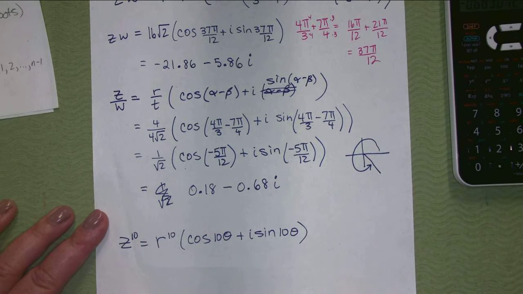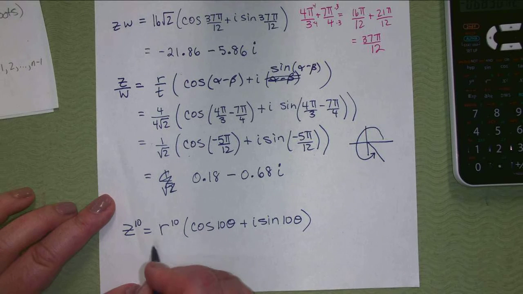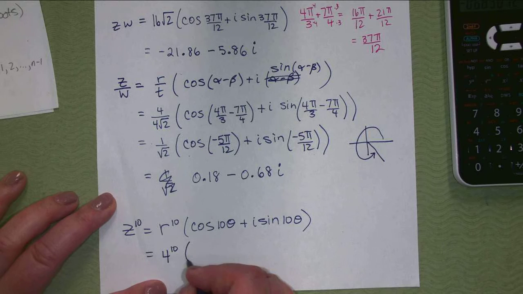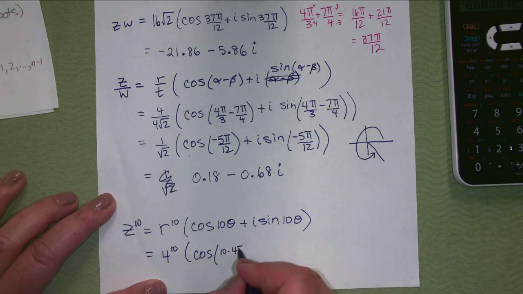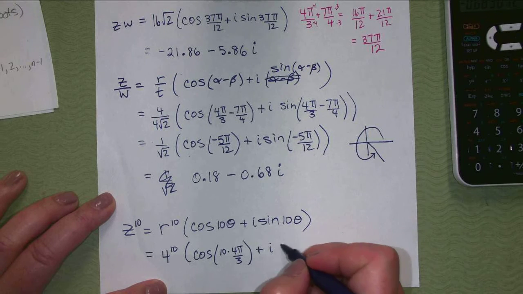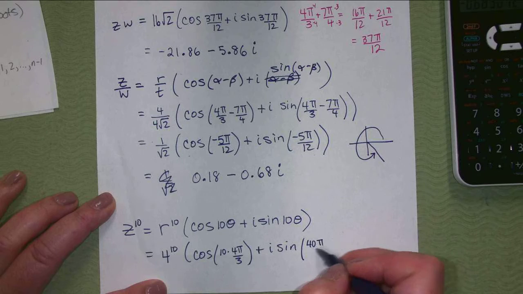So our z was 4 to the 10 cos of 10 times 4 pi over 3 plus i sine the same thing. So 40 pi over 3. And then you would evaluate that.